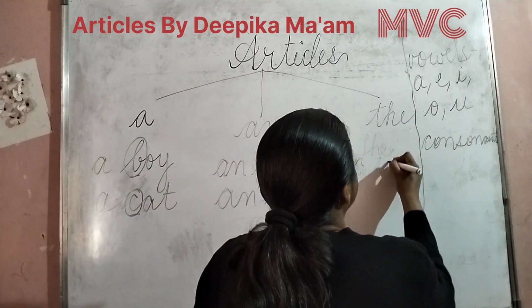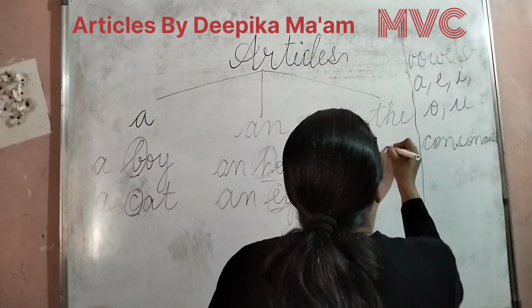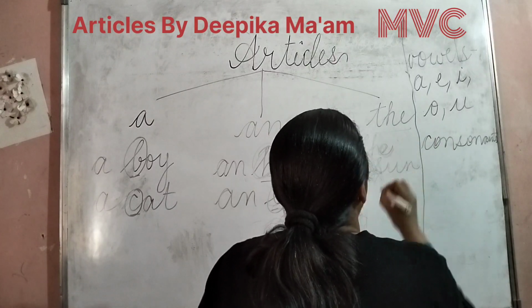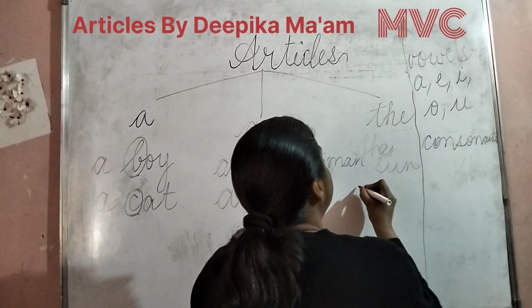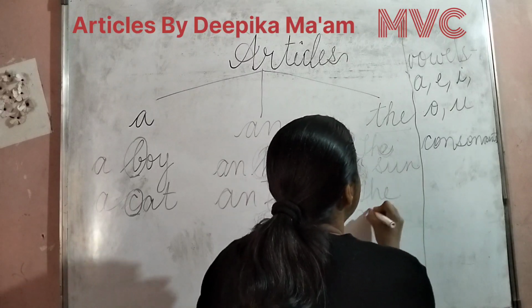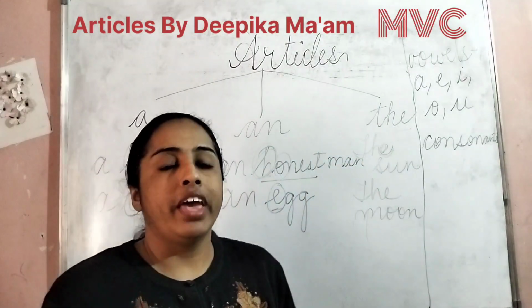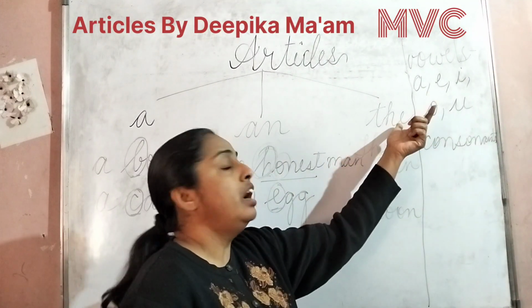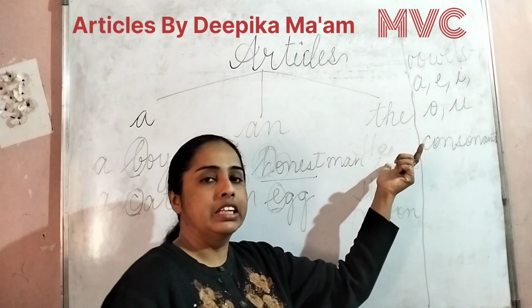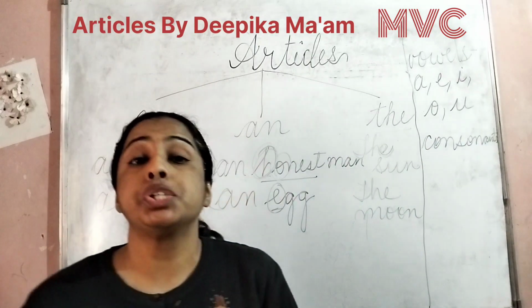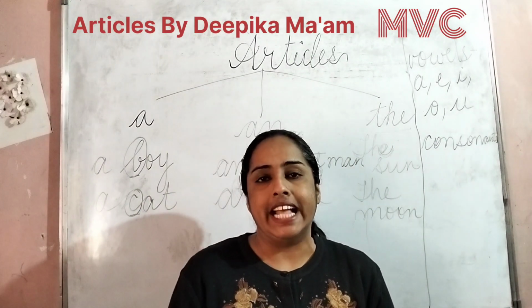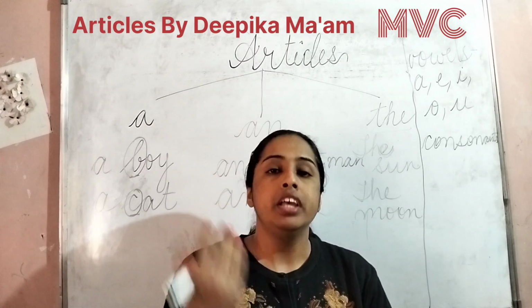Sorry, my marker is not working properly. The sun, the moon. So these are all special words. Okay, so they are prefixed with the article the. They are also used to specify those words in a sentence which have been referred to earlier.